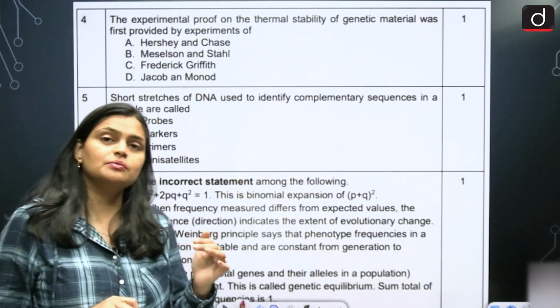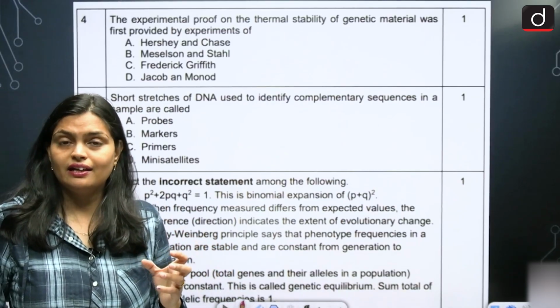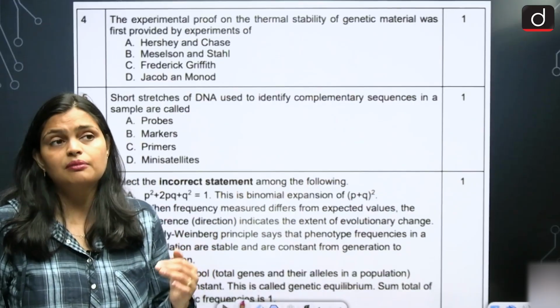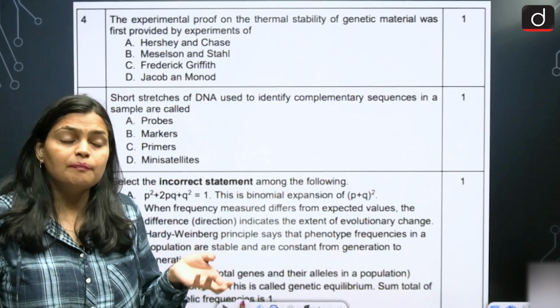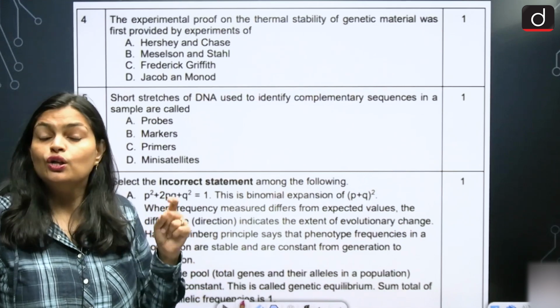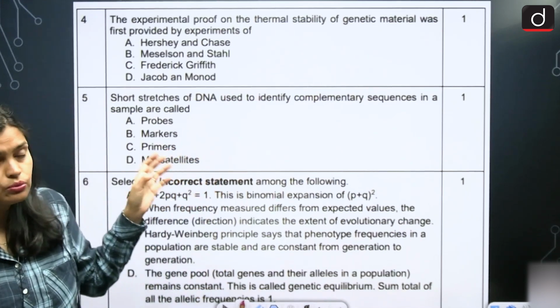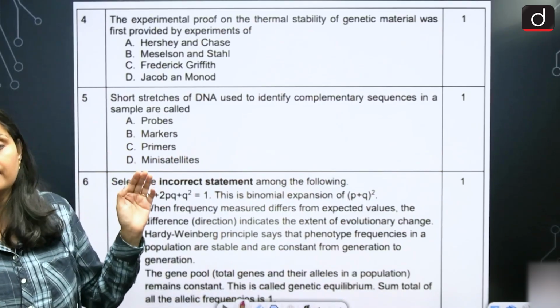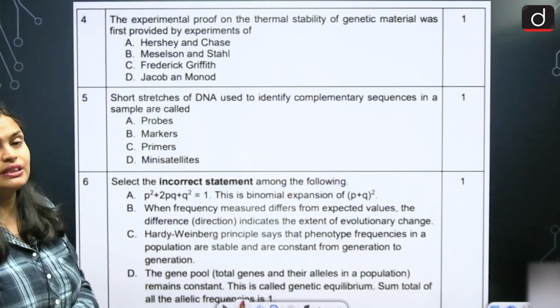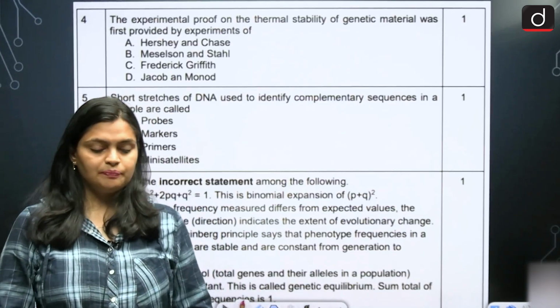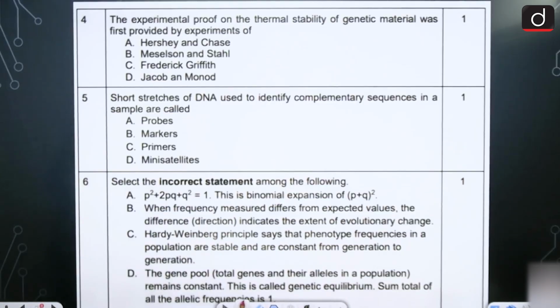Thermal stability का मतलब समझते हैं कि जो आपका genetic material है that will be stable at temperature. मतलब टेम्परेचर बढ़ने पे घटने पे आपका जो DNA है ना उसमें कोई चेंज नहीं आ रहा है. तो कौन था ऐसा whose experiment proves that genetic material shows the thermal stability? Tell me. Any idea?